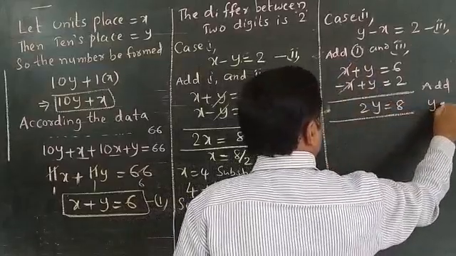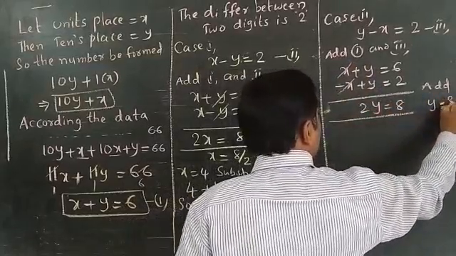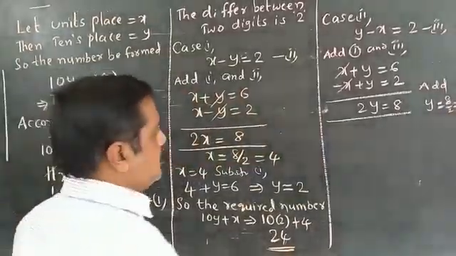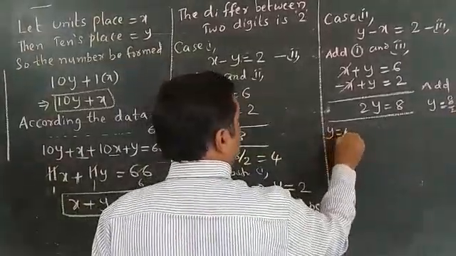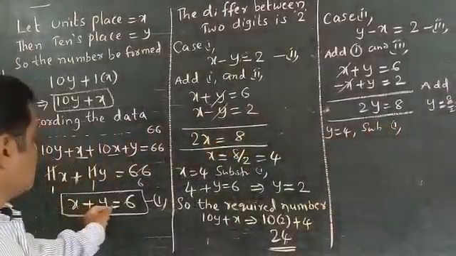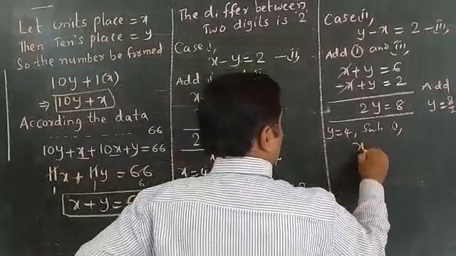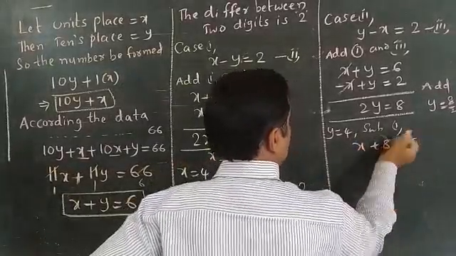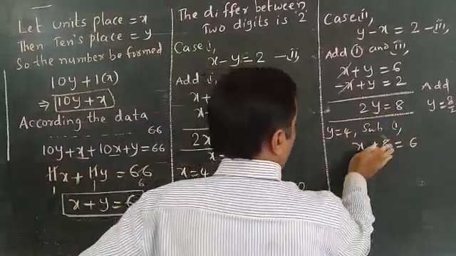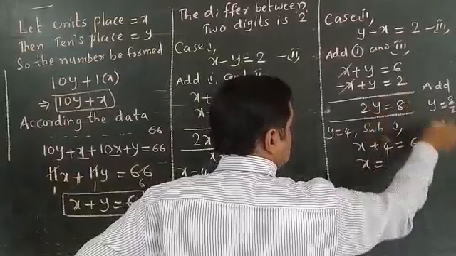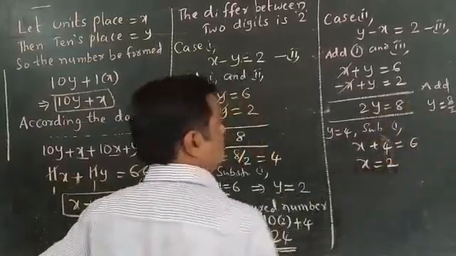Then y is equal to 8 by 2, that is 4. We substitute y is equal to 4 in the first equation, x plus y is equal to 6. Then x is equal to 6 minus 4, that is 2.